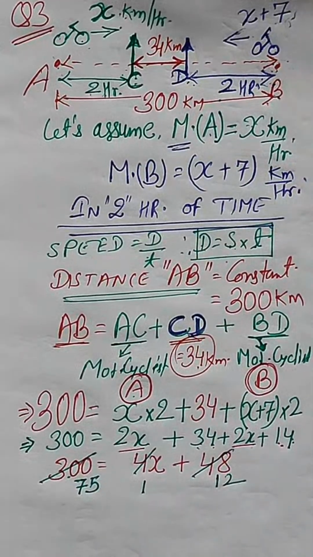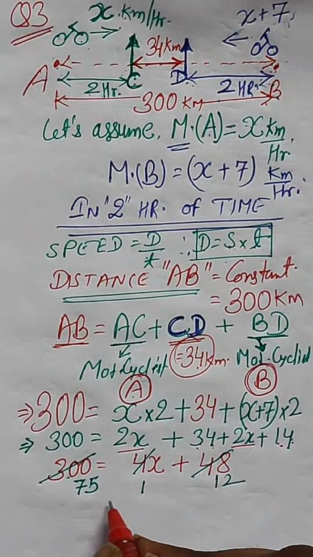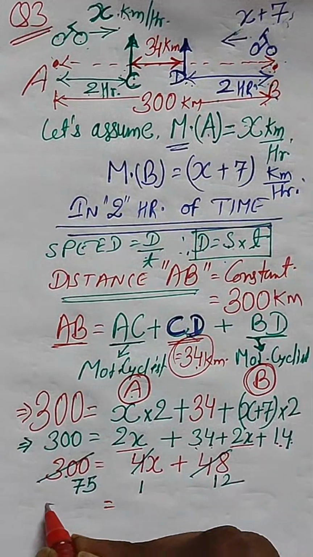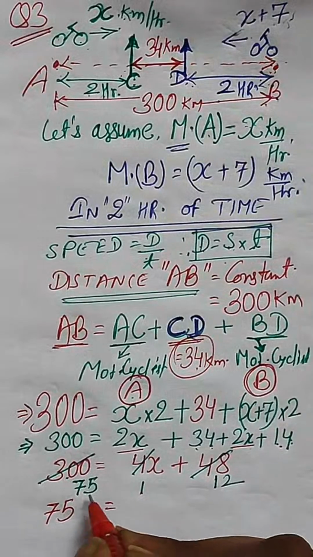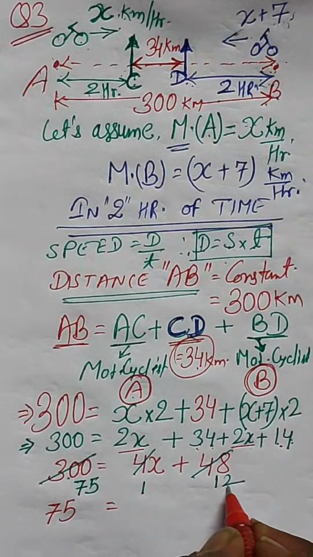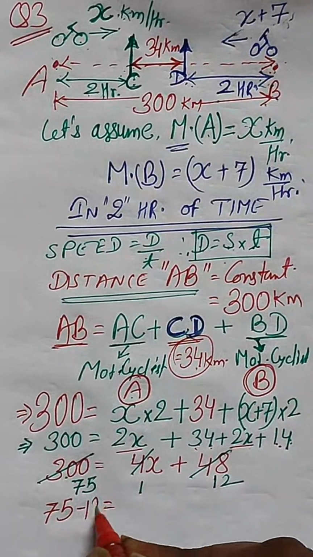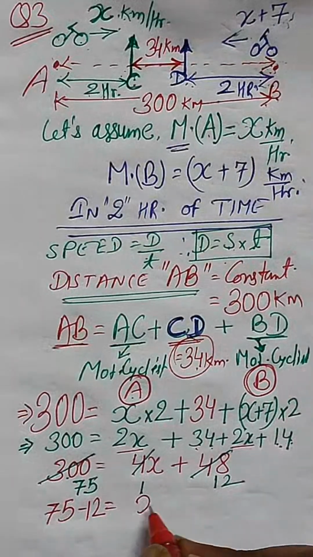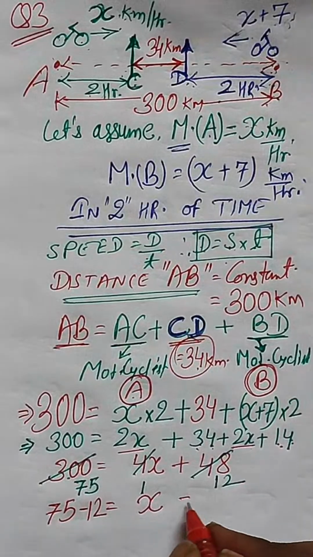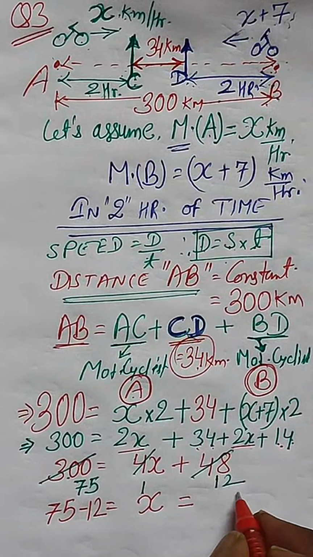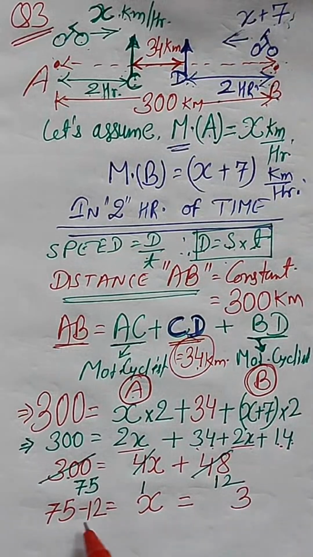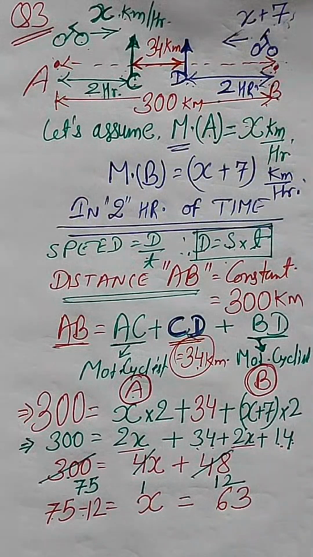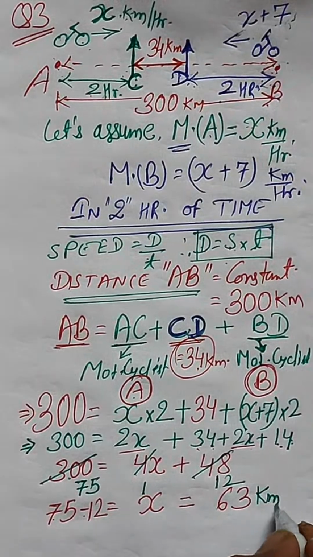So this will be giving you the value of 75 on one side, and 12 will be coming from the other side, 75 minus 12, and on the RHS we are left with x. So x is calculated as 75 minus 12, that is 63. So the value of x is calculated as 63 kilometer per hour.